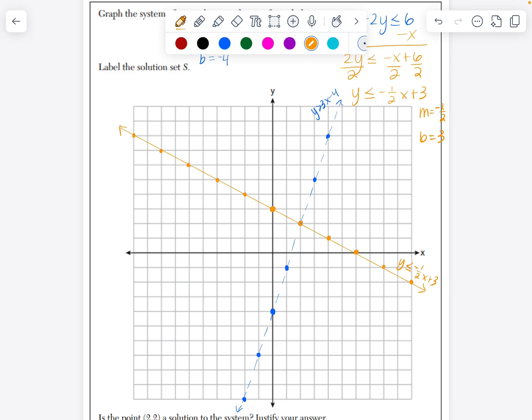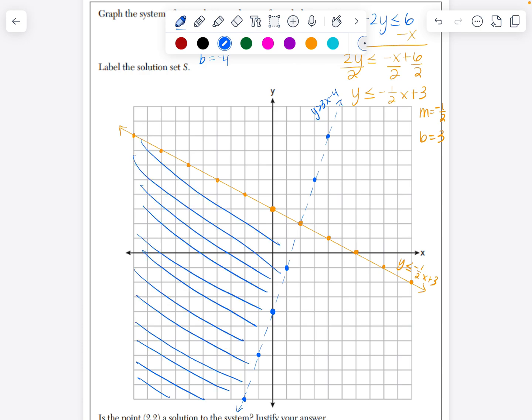Now that both of my lines have been graphed, let's get shading. My first one said y is greater than, so I want to shade where the y values are greater than the y-intercept. So that is going to be above the line.